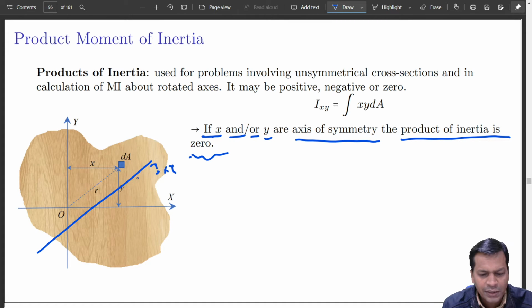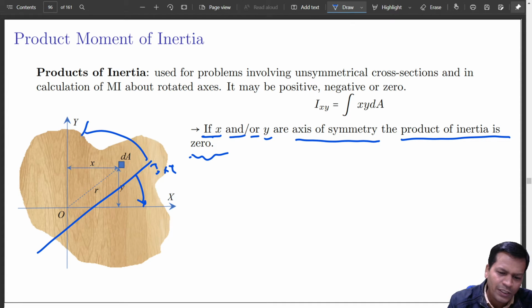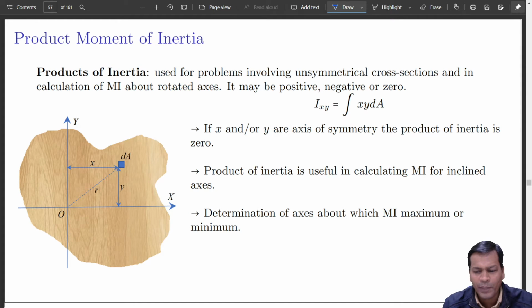Let us say if this gets aligned with one of the axes, then the product moment of inertia will go equal to 0. If this gets aligned to this, then also the product moment of inertia will become equal to 0. So product moment of inertia is useful in calculating MI of inclined axes.